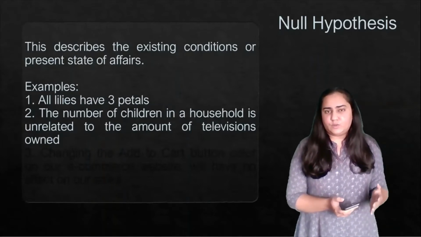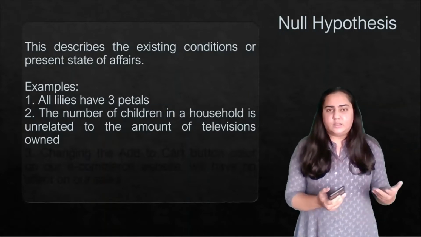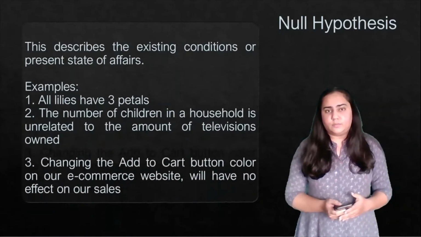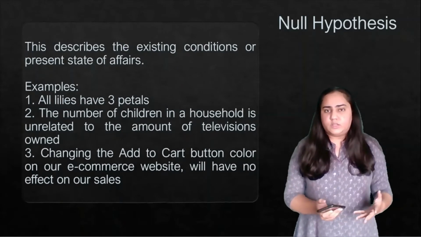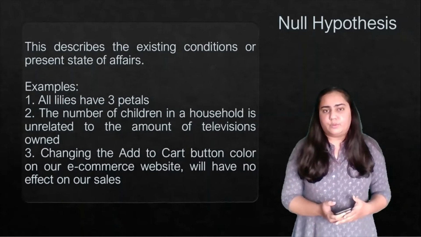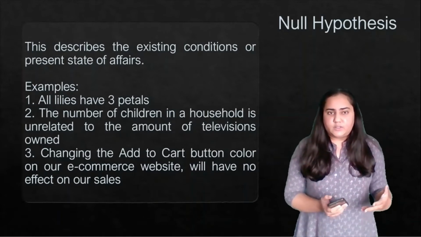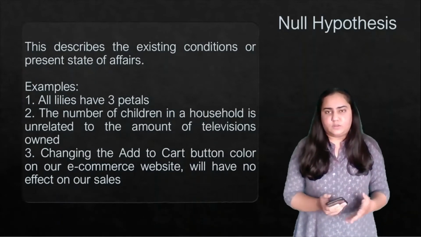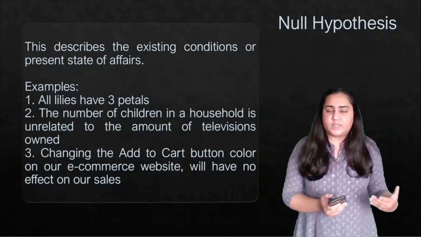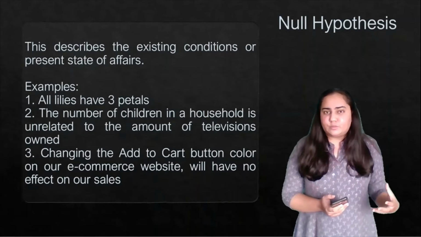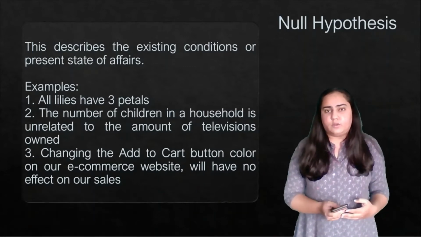So when we are researching this, the null hypothesis is that both have no relation at all. The third example could be, changing the add to cart button on the e-commerce website will have no effect on the sales. So this is once again a null hypothesis, which is what we assume before we begin our research.